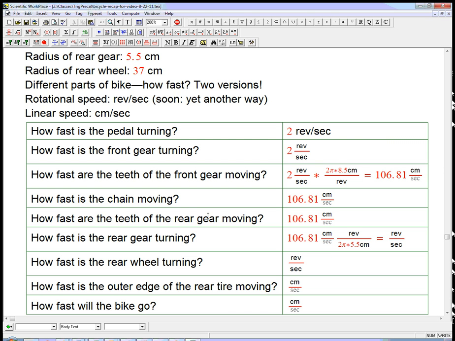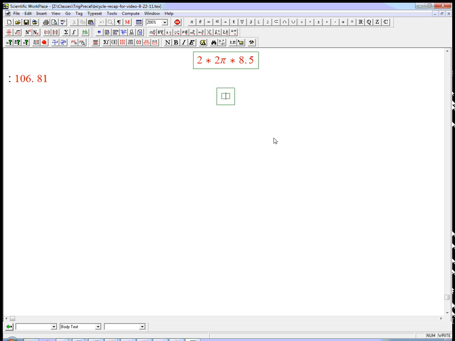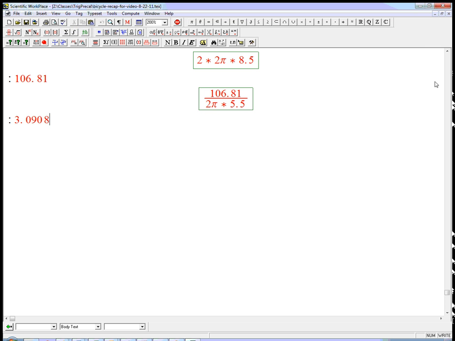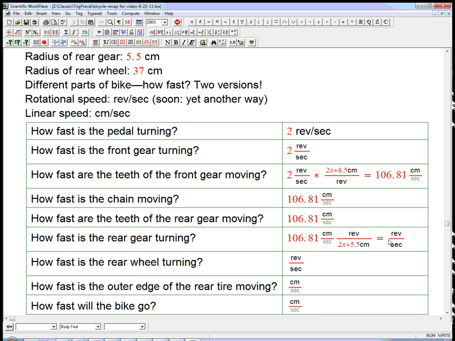We're converting from the motion of the teeth of the rear gear to the rear gear itself in terms of turning. Okay, so let's go back to our scratch. We've got 106.81, and we're dividing by a circumference, which is 2 pi r, which is 5.5. And let's not overdo it. Let's compute it. 3.09. Okay, and so that's 3.09.